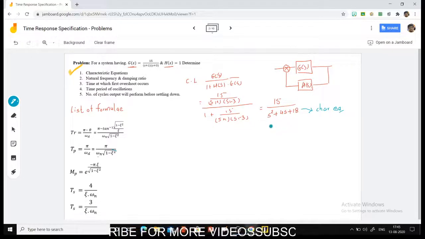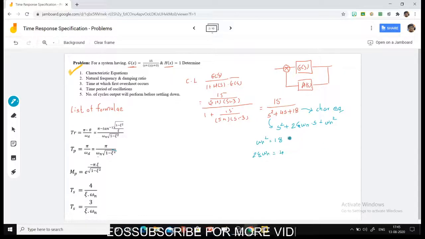To find that, you can compare this to the standard form, that is s square plus 2 zeta omega n s plus omega n square. So you can easily compare omega n square with 18 and 2 zeta omega n to 4. From this you will get the value of omega n, which is 4.243 radians per second.